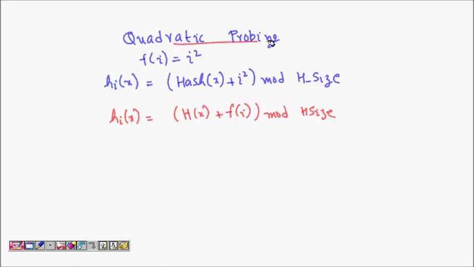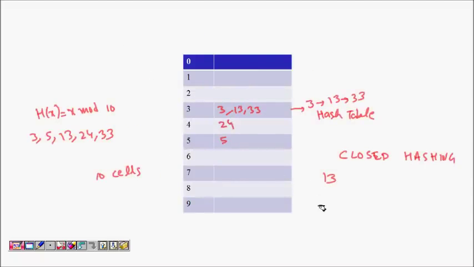For quadratic probing, we probe for the next empty cell where I can put the element, so f of i is equal to i square. Hence hi of x becomes hash of x plus i square. We use i square because in linear probing there was a problem of clustering. So let's see an example of quadratic probing, and then we will understand.